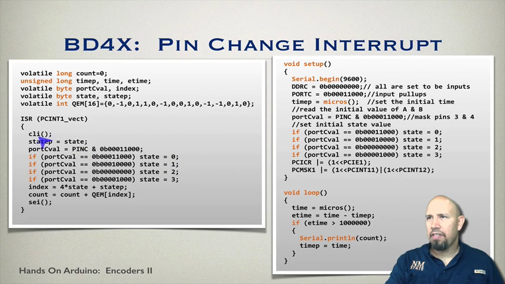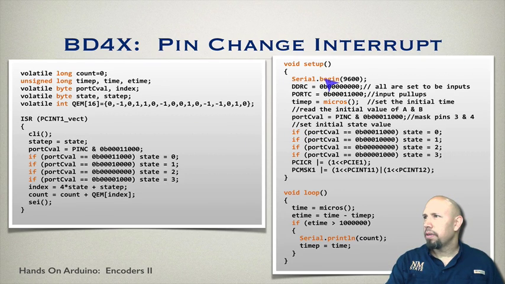So we have the state the previous time set up, and now we have the state at the present time set up, and then we can use the index to get our new index, just like we did in the previous example using the array, and then we update our counter. Notice we cleared the interrupts to begin with, then we reset the interrupts on the way out. So that's our interrupt service routine.